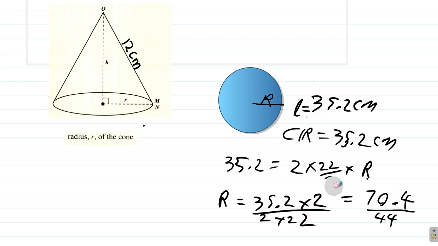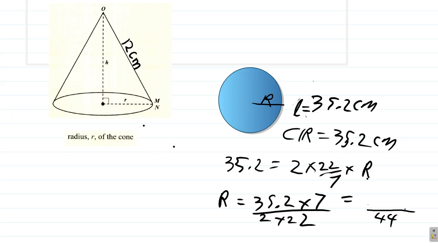What kind of mistake am I making here? It's 22 over 7, so it is going to be 35.2 by 7. That was a mistake on my part, because I know it wouldn't be that small. Alright, so 35.2 by 7 over 44.